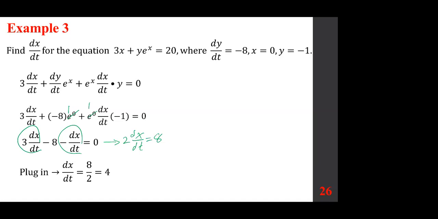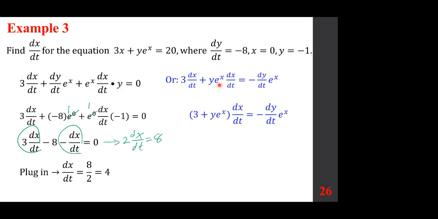But if we were to solve for the missing dx/dt, what happens now is that anything involving dx/dt remains. This guy we have to move. So take a look. This one moves, becomes negative, and this one we write as y e to the power of x dx/dt. When you factor the dx/dt, on the left side you have 3 plus y e to the power of x.